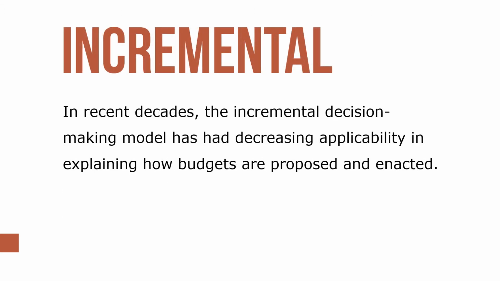In recent decades, the incremental decision-making model has decreased in application in explaining how budgets are proposed and enacted. The goal was to make budgeting more rational through reallocating and reducing the influence of politics and strengthening the overall perspective of policy evaluation in the process.